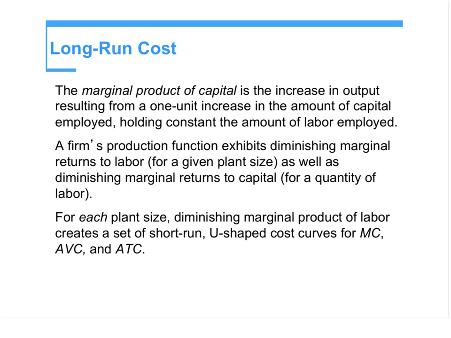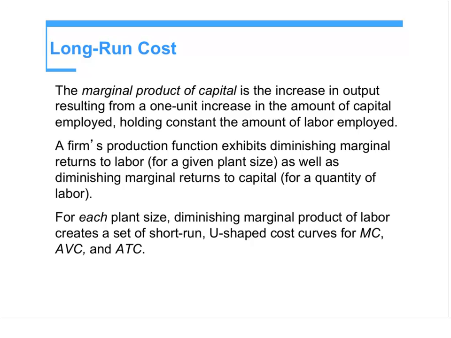The marginal product of capital is the increase in the output resulting from a 1 unit increase in the amount of capital employed, holding constant the amount of labor employed. So this is not just marginal product of labor, this is marginal product of capital. When you employ more capital but with the same labor, you could still increase your product.